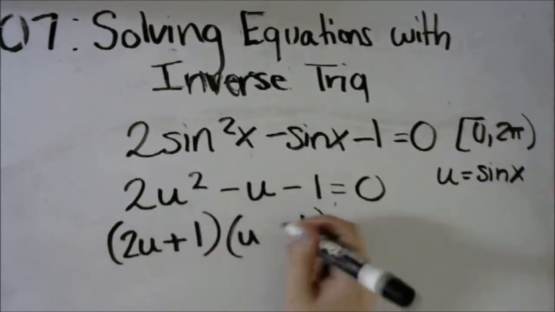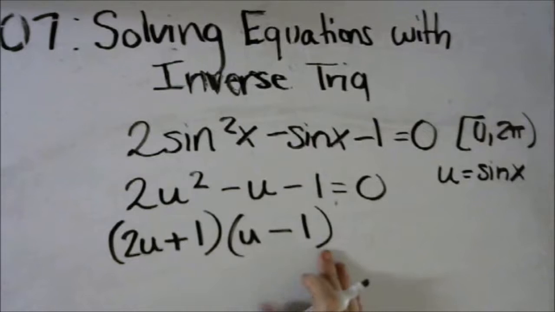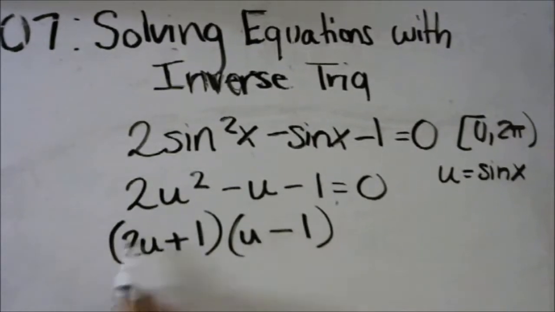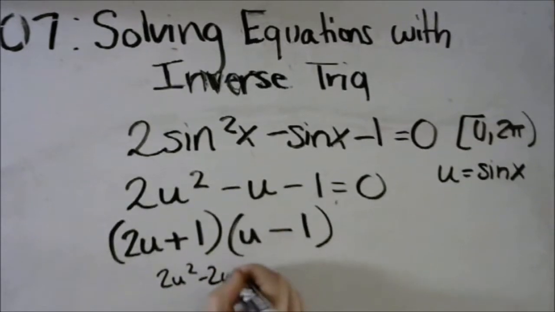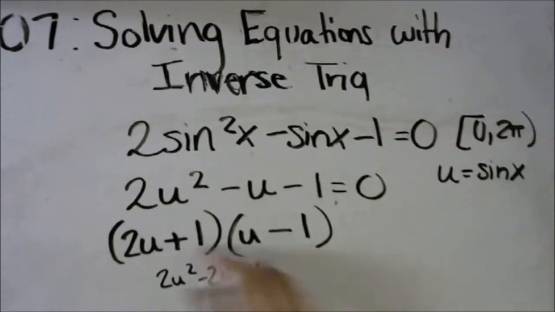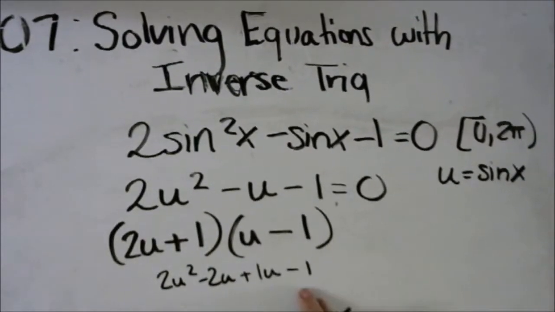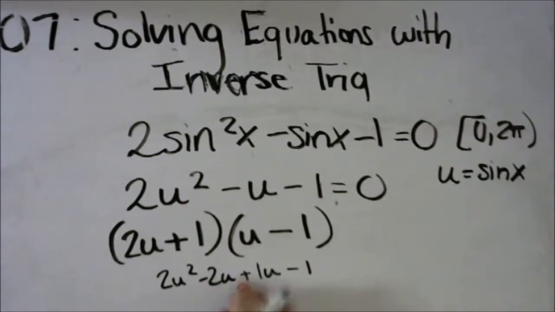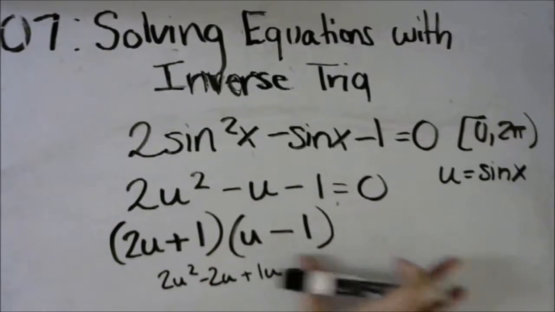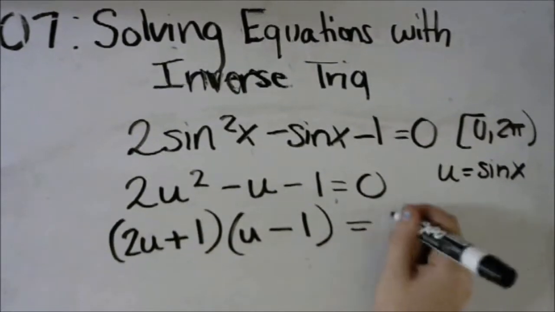Let's go ahead and put positive and negative. If these are my factors, I would get 2u squared minus 2u plus 1u minus 1. Is this expression equivalent to our expression? Since -2u plus 1u is -u, these are the appropriate factors.